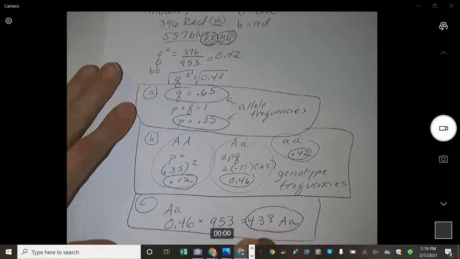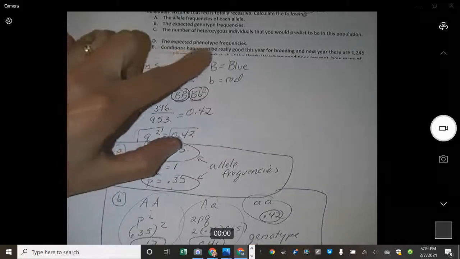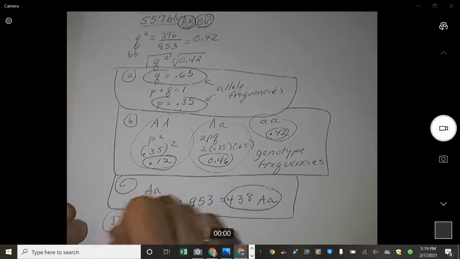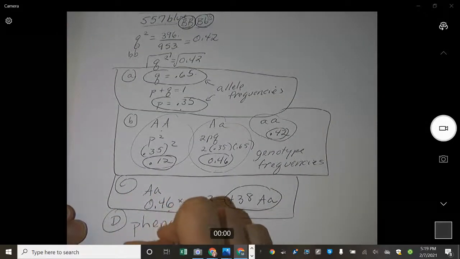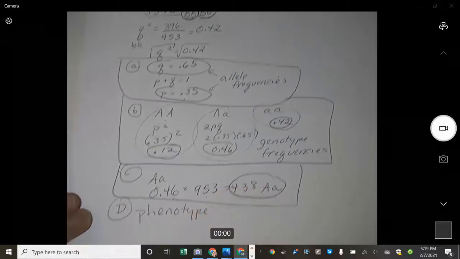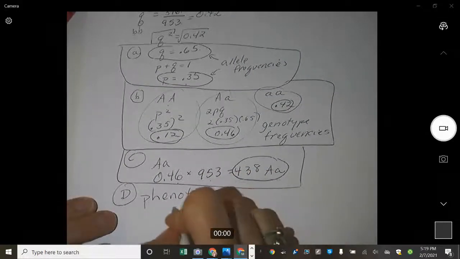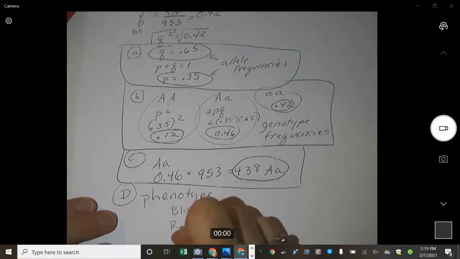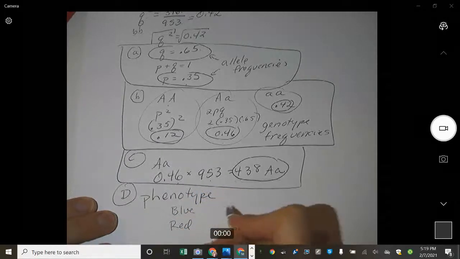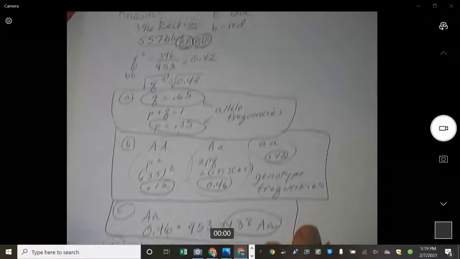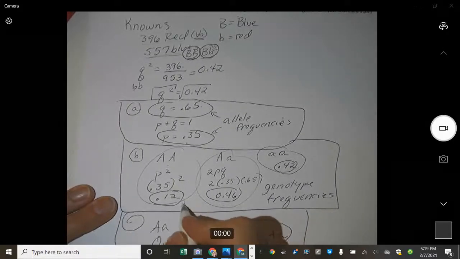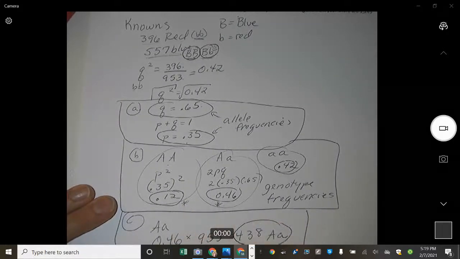And then part D says the expected phenotype frequencies. Okay, so what is a phenotype? A phenotype is the physical attributes, right? In this case, are they blue or are they red? So I want the phenotype frequencies. So all I need to do is say that this and this are the blue ones, right?